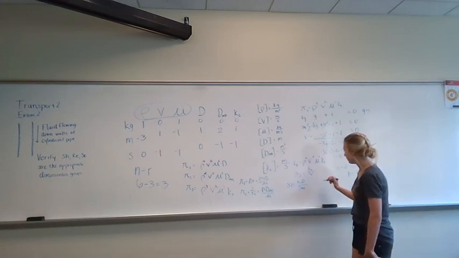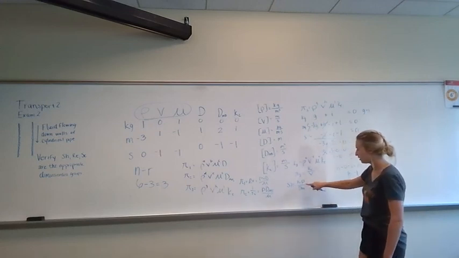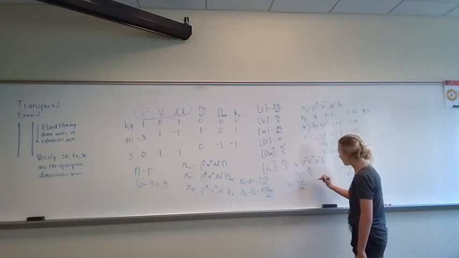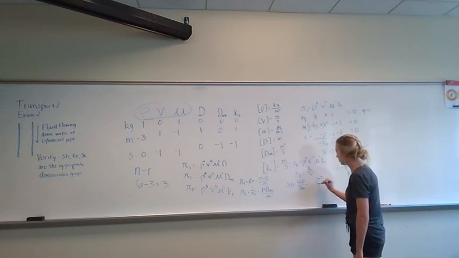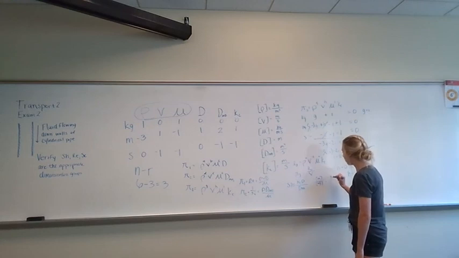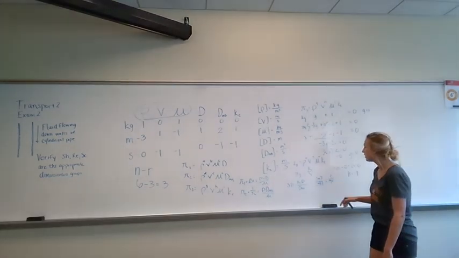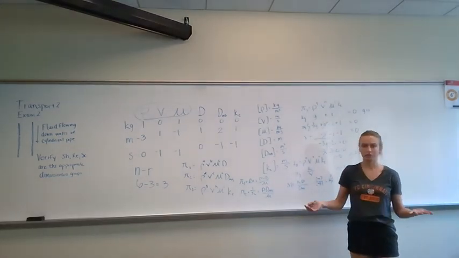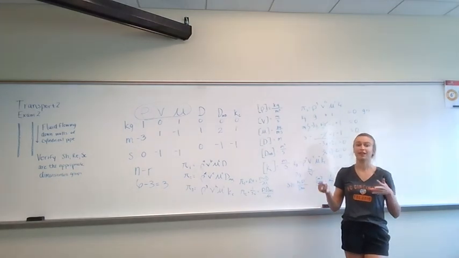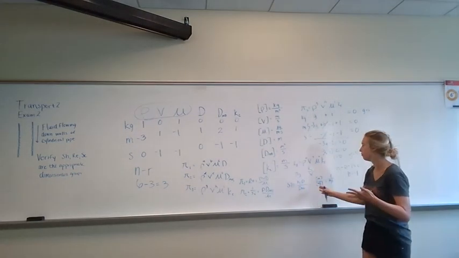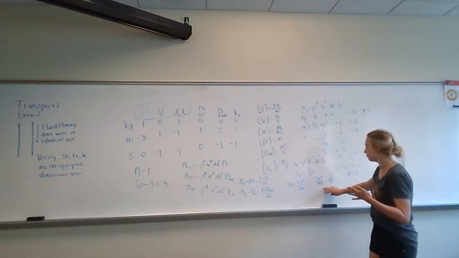However, look at the units of the diameter over the diffusion coefficient. Diameter is in units of meters, and the diffusion coefficient is in units of meters squared per second. When you divide that, you get 1 over meters per second, which is the same as 1 over velocity that we have right here. So we can determine that the Sherwood number is an appropriate group through the units canceling out.